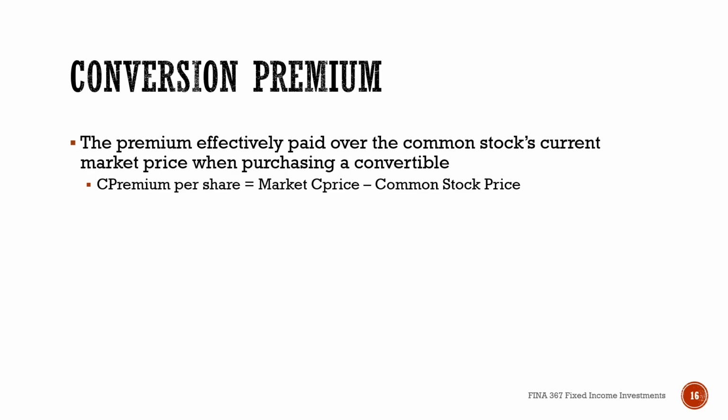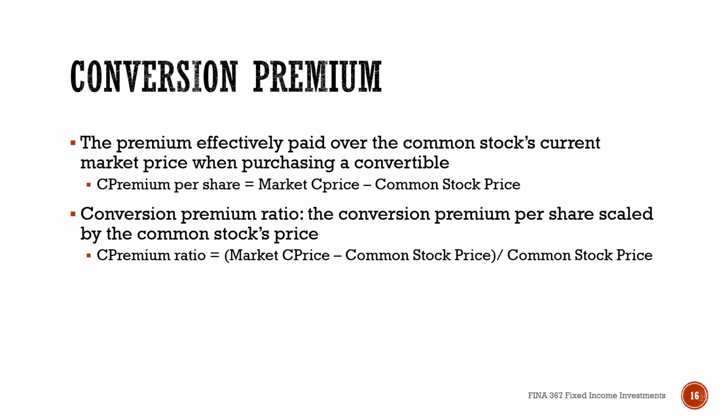This premium is known as the conversion premium, and the conversion premium per share is equal to the market conversion price minus the common stock price. And there's also the conversion premium ratio, which is the conversion premium per share scaled by the common stock price. Pay attention that when we talk about the conversion price here, what we're talking about is the market conversion price.